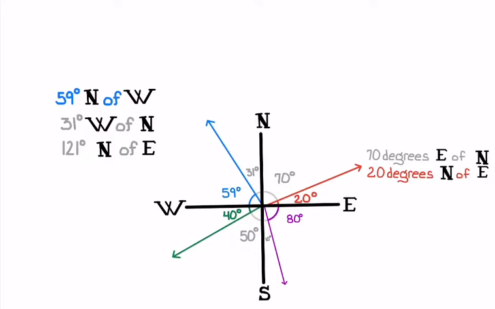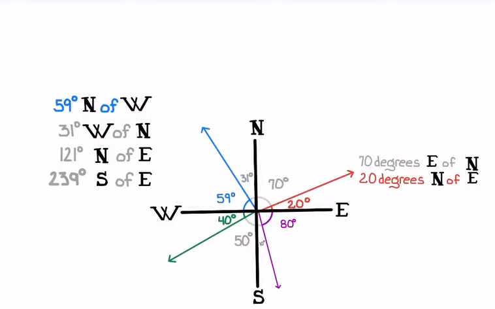A fourth way of describing the direction an object traveling along the blue vector is to say 239 degrees south of east. If you visualize a vector drawn due east and then rotating that vector towards the south, which would be clockwise, rotating that due east vector towards the south 239 degrees, we would be at the blue vector.